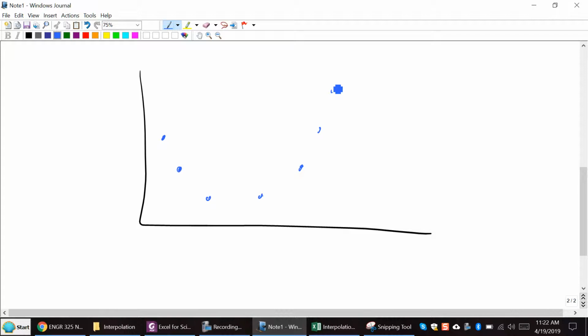Linear interpolation is literally just drawing lines between these two points. So one of the first things you may want to say is, can we not, instead of using just straight lines between the two points, do something using curves? And the answer is yes.